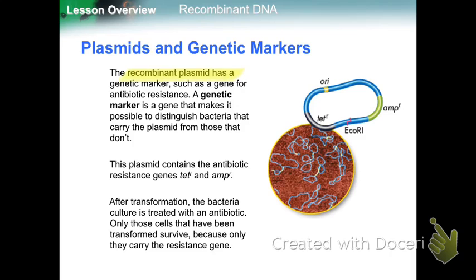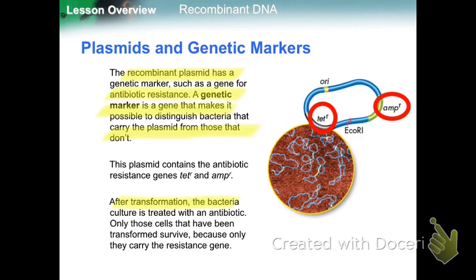The recombinant plasmid has a marker such as a gene for antibiotic resistance, because this makes it possible to distinguish bacteria that have been transformed, that carry the plasmid, from those that do not. This plasmid has two genes for antibiotic resistance, to tetracycline and to ampicillin.